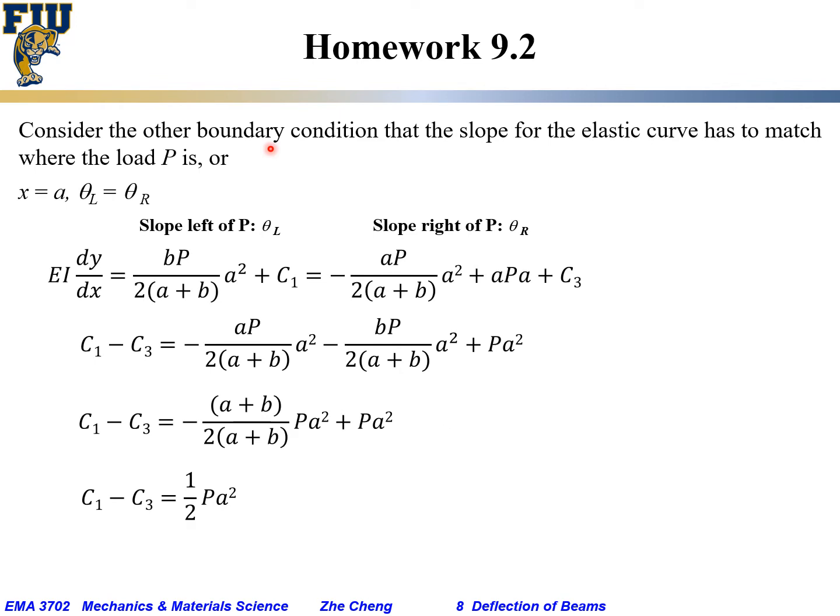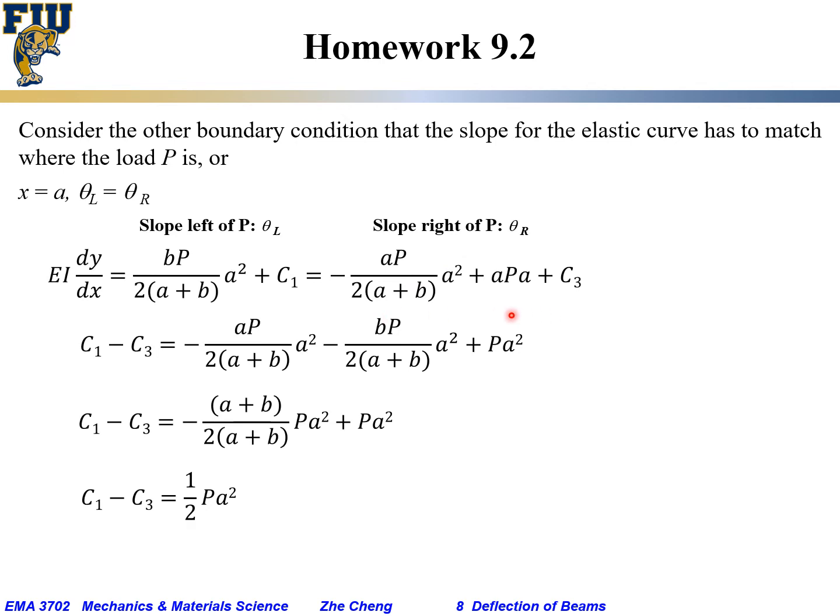Consider the other boundary condition, that the slope of the elastic curve also has to match at G point, or where the load is. Then we have x equals a, the slope theta on the left side has to match the slope theta on the right side. So for the dy over dx times EI term, the slope on the left side from previous is this one, the slope on the right side is this one.